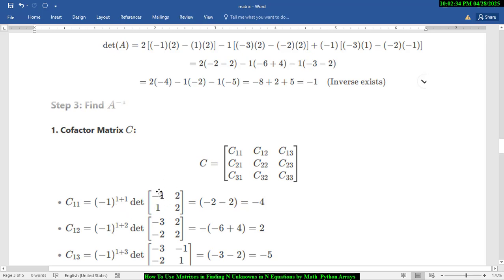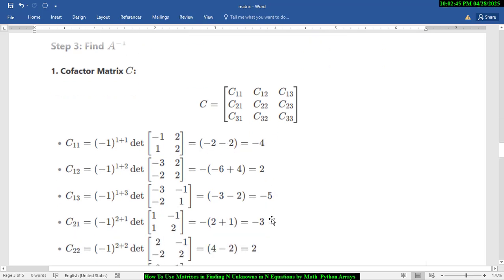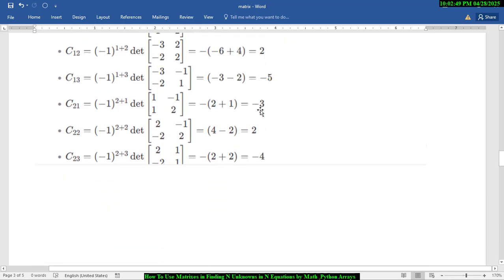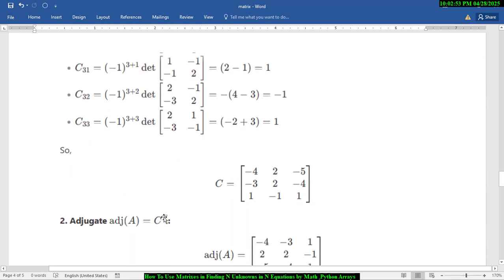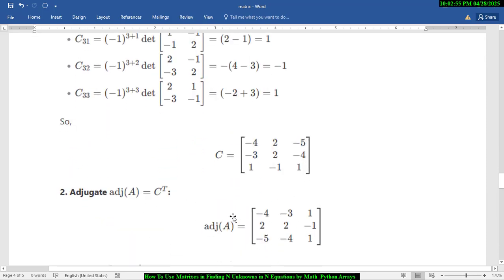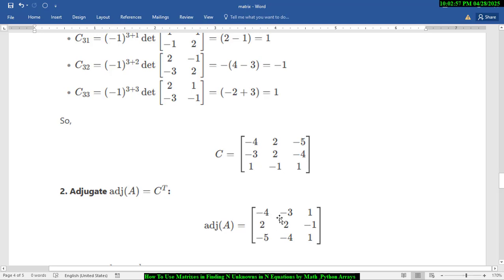The determinant of this equals 2 minus 1, 1 minus 1 times 2 minus 1 times 2 minus 4, and so on. Calculate these 9 elements, calculating this array or matrix, and then we find the transpose. The transpose here, this diagonal is the same, and reverse the others.